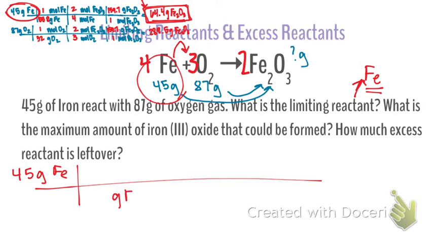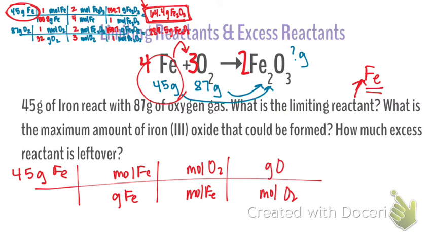So we're going to go grams of iron to moles of iron. Moles of iron to moles of oxygen gas, that's our other reactant. Moles of O2 to grams of O2. And this one we do want to take all the way to grams so that we can compare it with our starting amount of oxygen gas, which was already in grams. What this chart is telling us is that if we use up all 45 grams of iron, which we know we will, how many grams of oxygen will be used in that reaction?